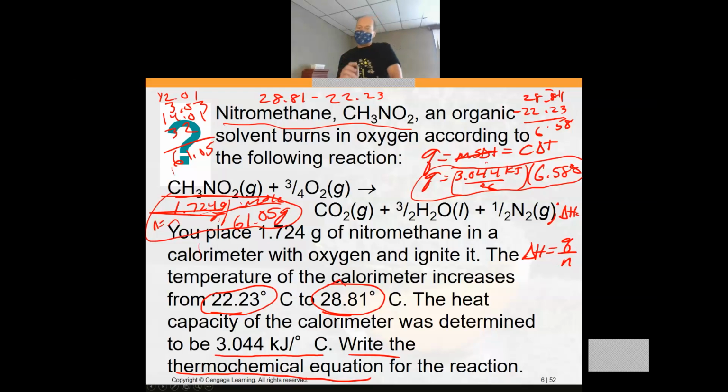Now, this is the difficult part. When we found our Q, that gave us a positive number because we had a positive delta T. When we're doing a calorimeter, heat gained is equal to heat lost. That's why we use a calorimeter, like a coffee cup. We don't lose any heat to the surroundings.